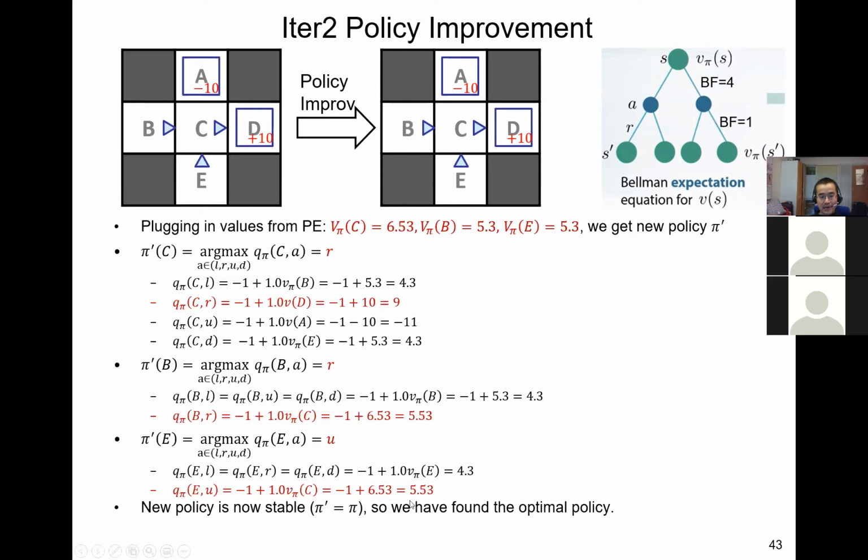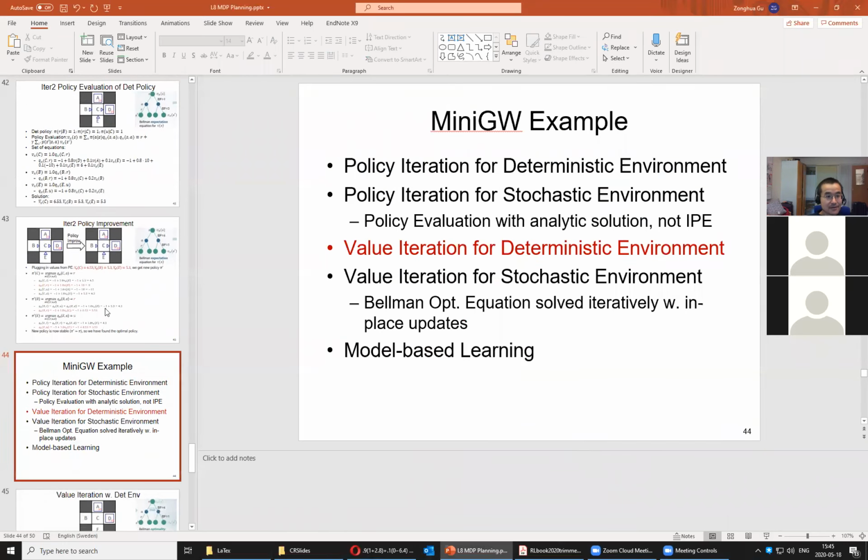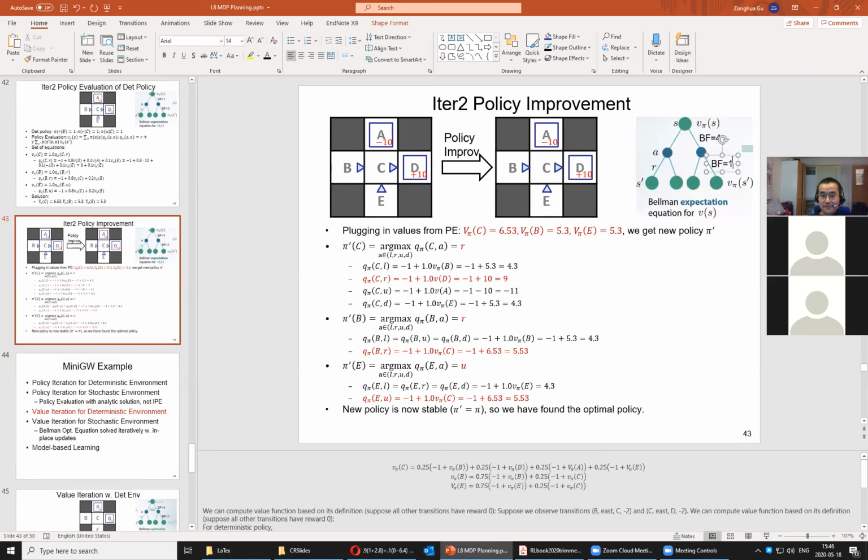So now we have found the optimal policy because it's now stable. Why do I always have branching factor 3 for the non-stochastic environment?